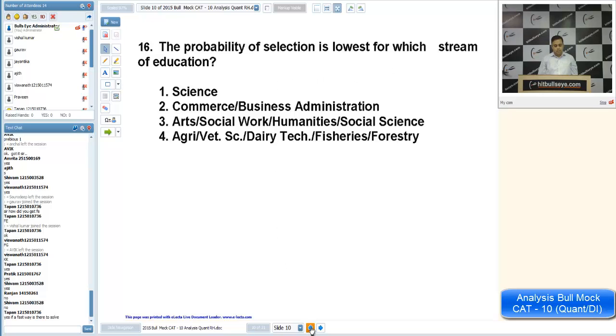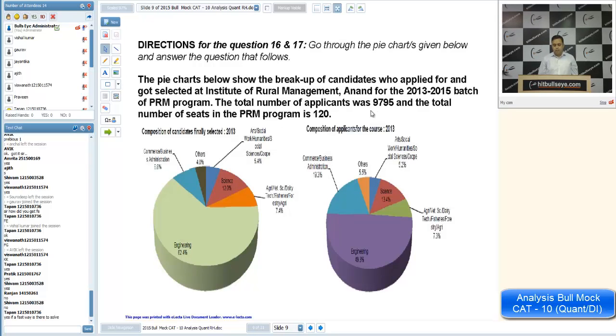Since this is comparative data, and this 97, 95 and 120 will be common to all the values, you need not find the values by taking these in consideration. You have to just find the ratio of the values given in terms of percentage here.